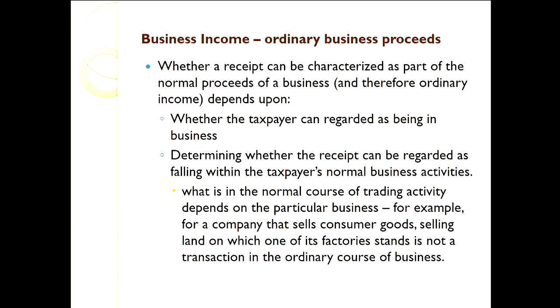Is that an ordinary business proceed? If as a business what you do is make and sell children's toys, and you decide that, say, you don't need one of your factories, say you think you can consolidate, and so you're selling that factory and the land, and you make a profit on that transaction. Is that an ordinary business proceed?